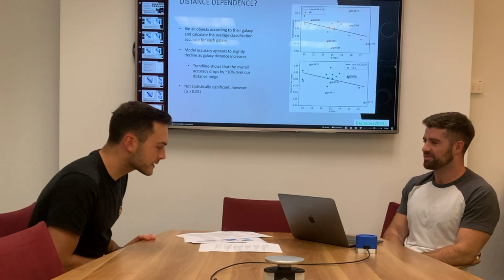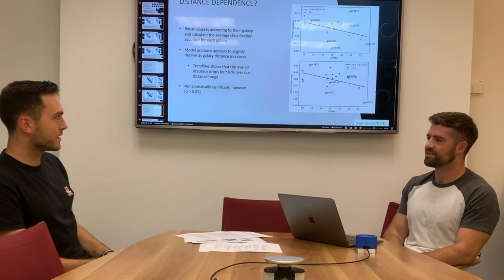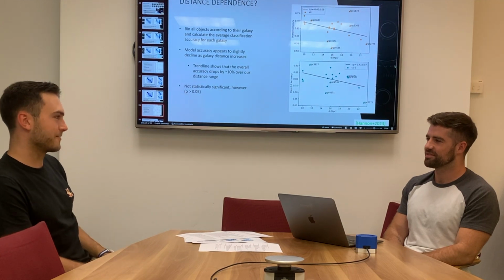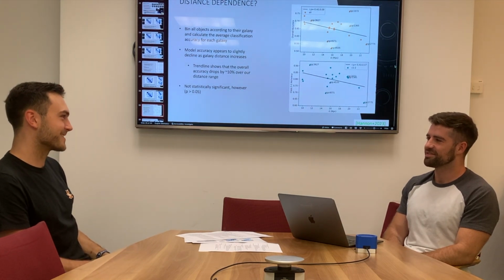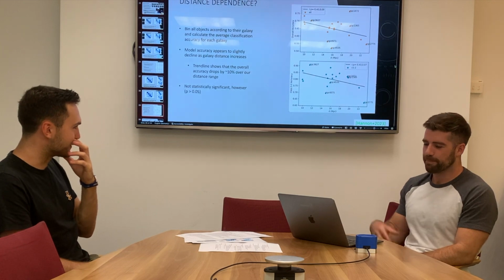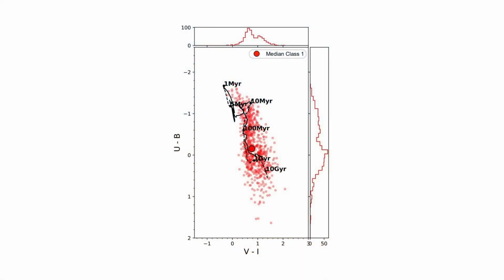Cool. So you looked at this kind of distance trend. You found it's harder to classify further sources. Kind of makes sense. Were there other trends that you also found? Yeah. So one of the interesting trends we found was actually with the color of these objects. And for class 1 objects in particular, if you recall, I mentioned earlier, class 1 objects tend to be older.